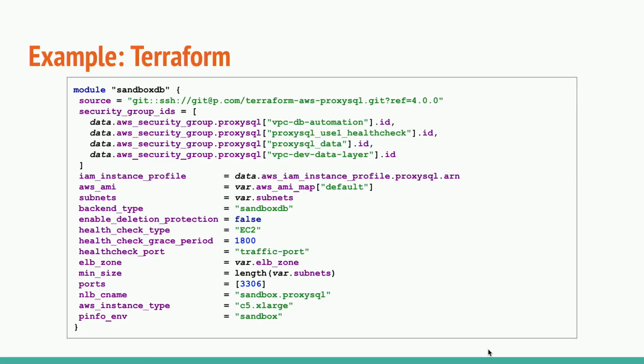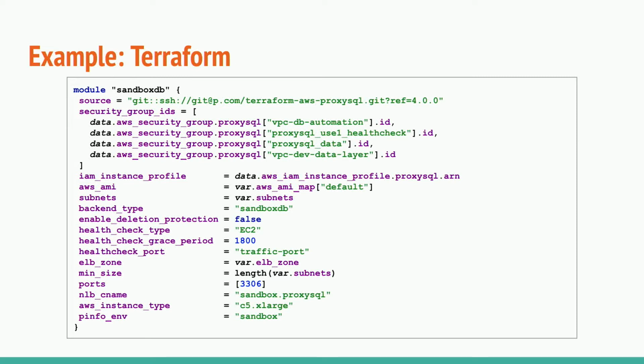Terraform. This is how it looks for a user. If I want to create a ProxySQL pool, I write this piece of Terraform code. This is a module. I specify, let's say, unique input values for this particular ProxySQL pool, right?